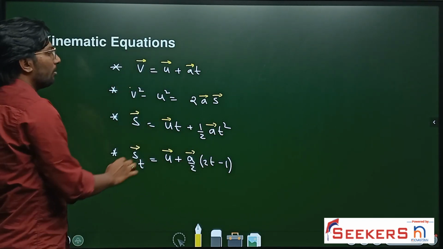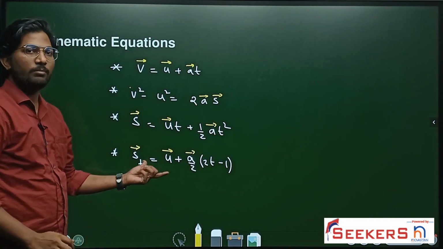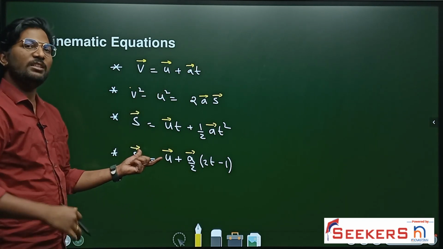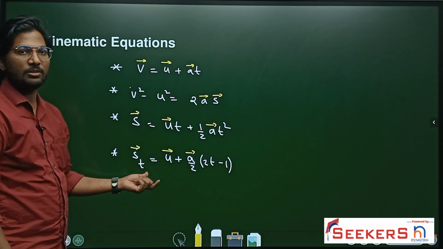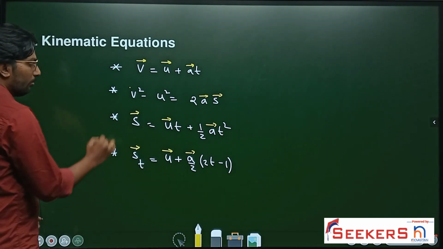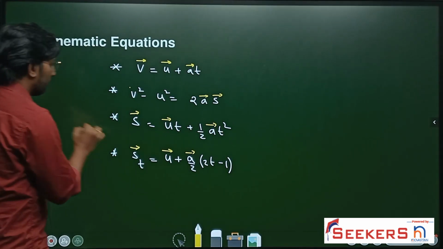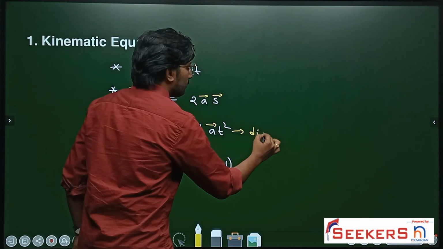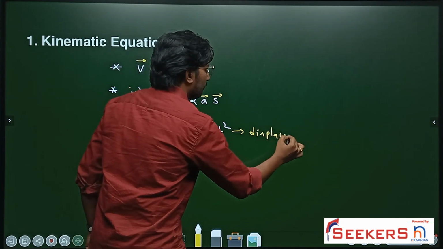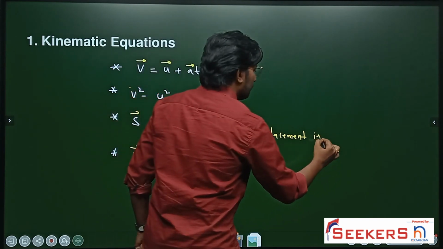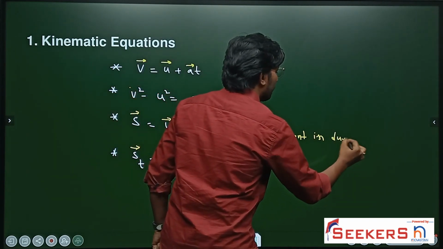For the remaining things, always write them in vector format, because when you use the same equations in 2 dimensions, it will be easy to consider the sign convention. And coming to the third equation and the fourth equation, the difference between them is that this one is the displacement in some duration of time.